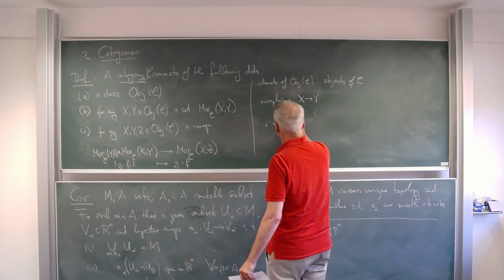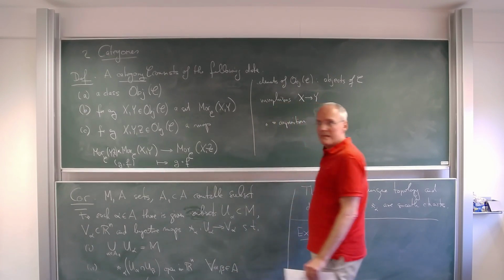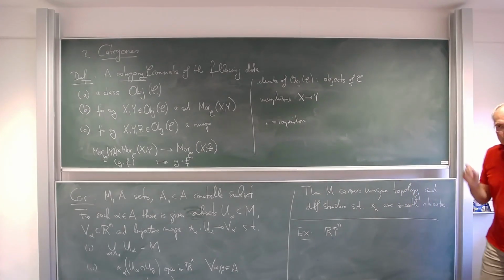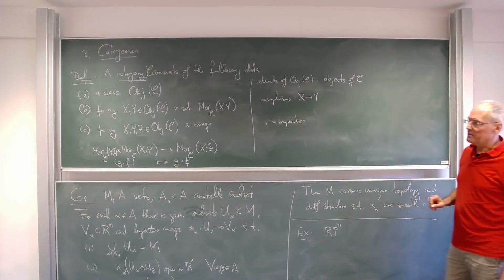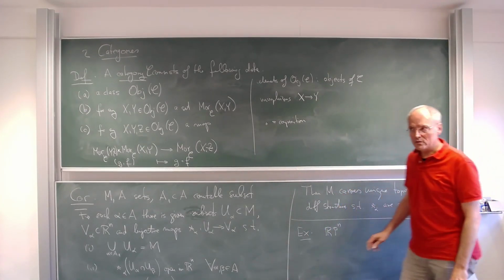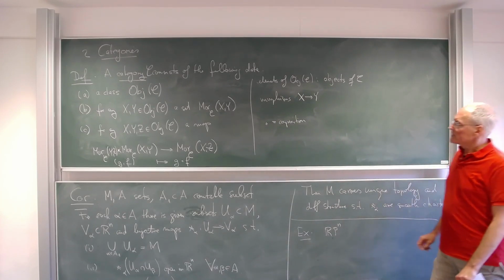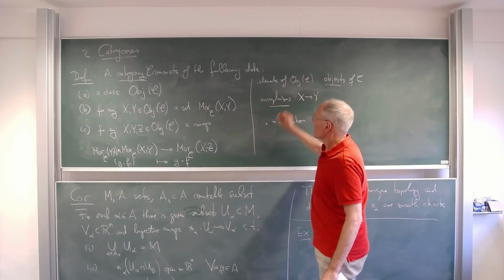Of course, this makes us think of maps and compositions of maps, and we will see examples in a moment. In many cases, this will be the composition of maps, but not always. So that's just the terminology.